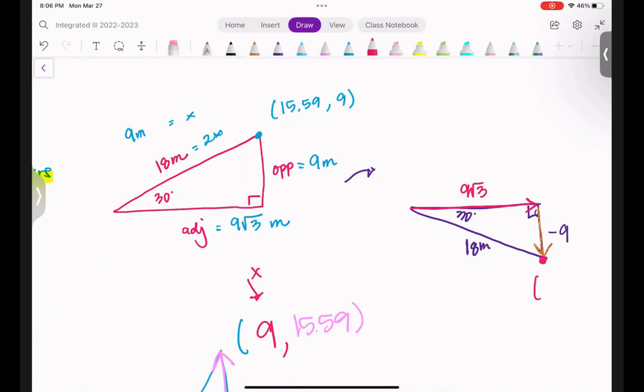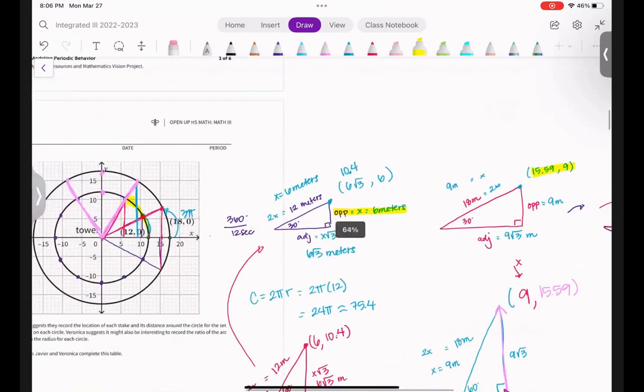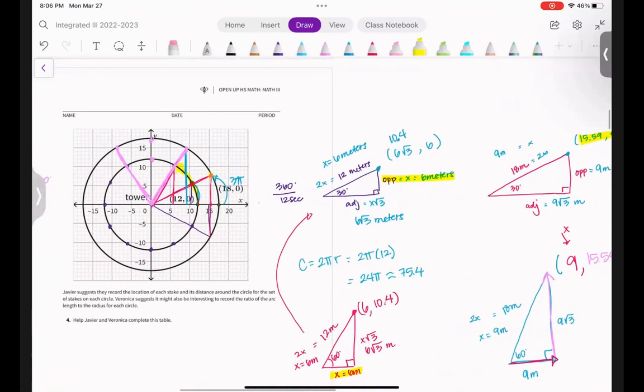So this point is going to be 9√3, which is 15.59, comma -9, right? Look and compare between this guy and this guy. It's these 2 points we're talking about. They went in the same x direction, but when they got to that 15.59, the y for one of them went up and the y for one of them went down.